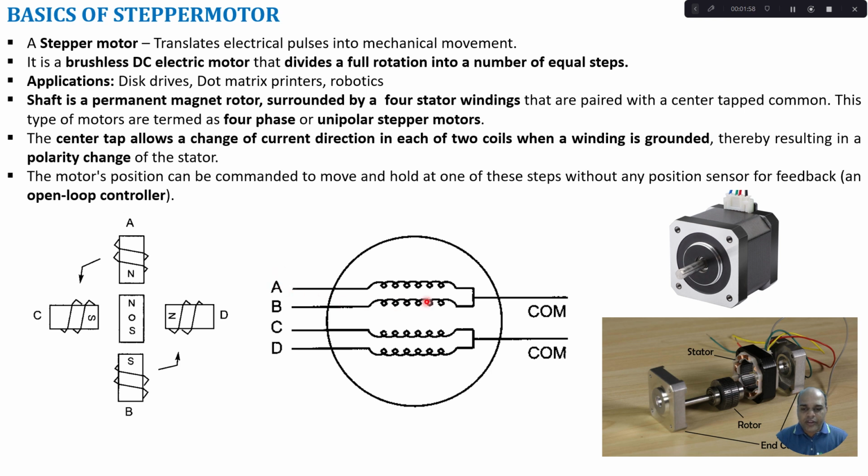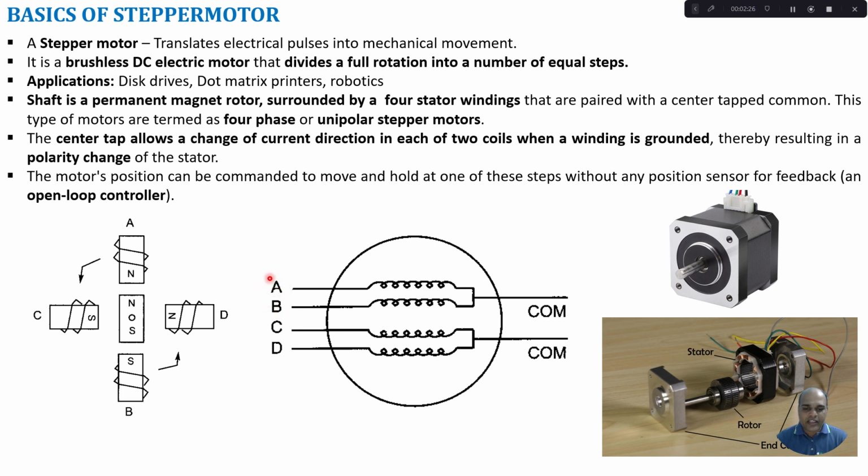So why do we need to do this type of connection? Why do I need to connect one end of a coil with one end of another coil and take it as a common terminal? This allows the change of current direction in each of the 2 coils. For example, if my B is set to be 0, then the current can flow from A, pass through this coil and go to the B coil, and it will get grounded.